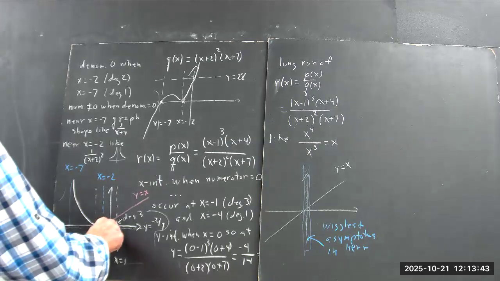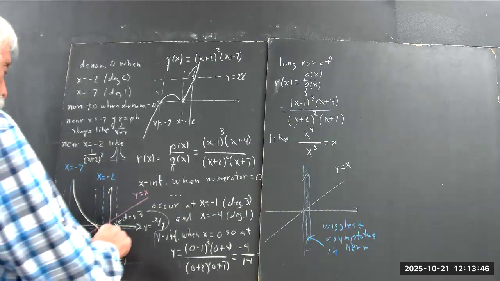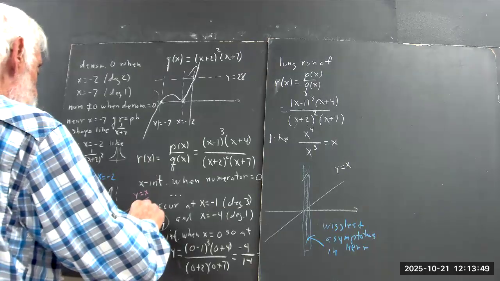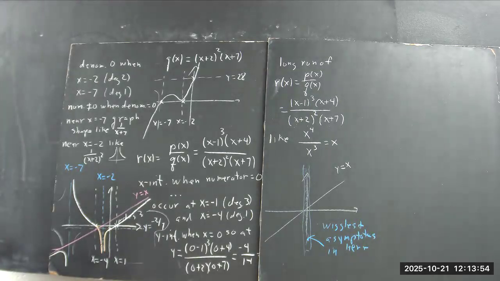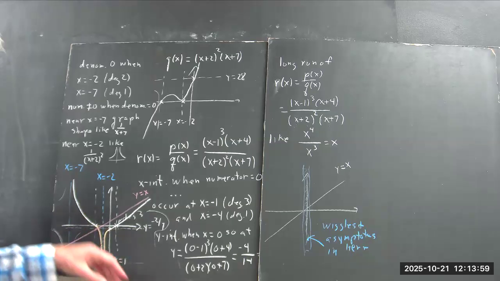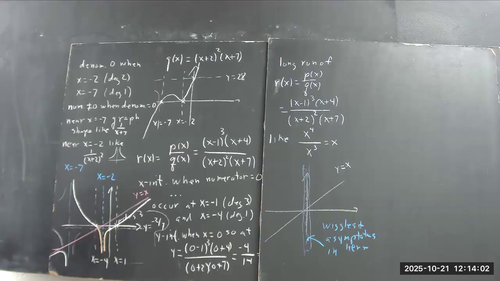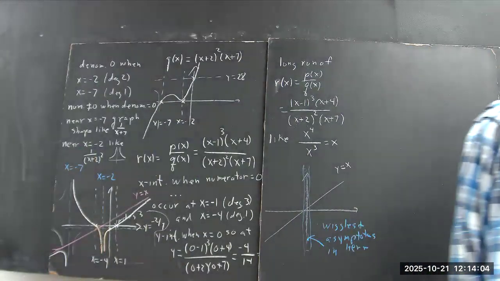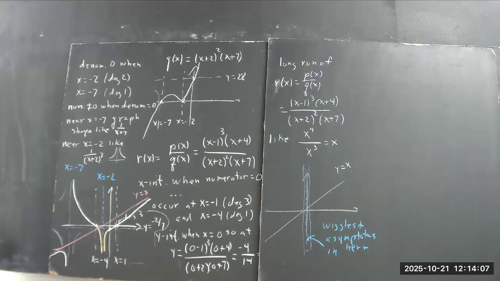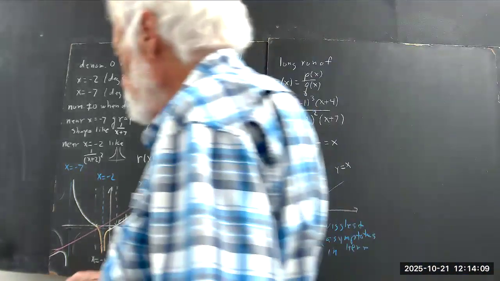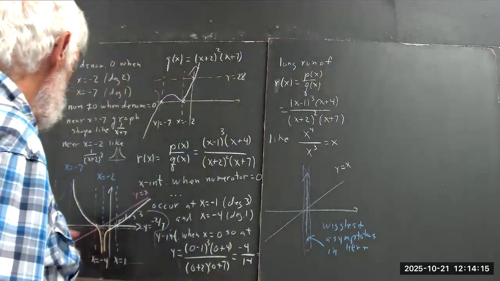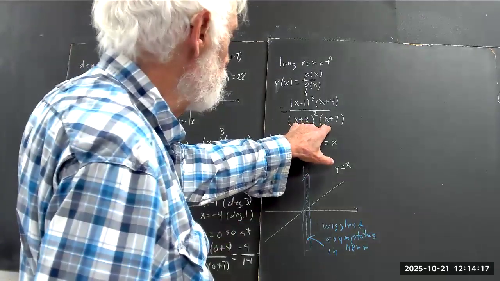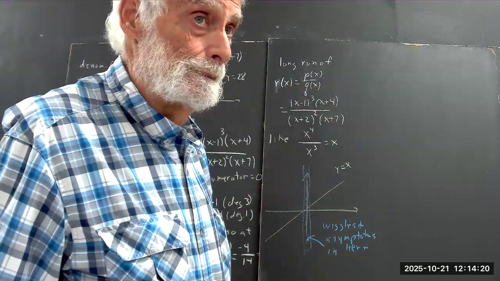Now, it's then on the other side of the y-intercept, it's going to go through here, but it's going to approach that y equals x line as an asymptote. So that's kind of what the graph looks like. But I'm lying to you a little bit. Actually, if you want to figure out what this line is, you have to divide this denominator into this numerator.